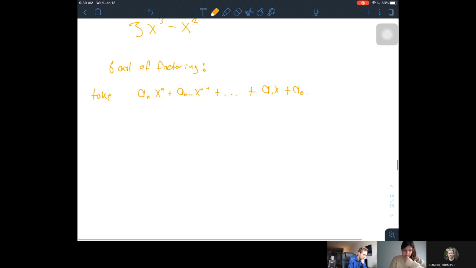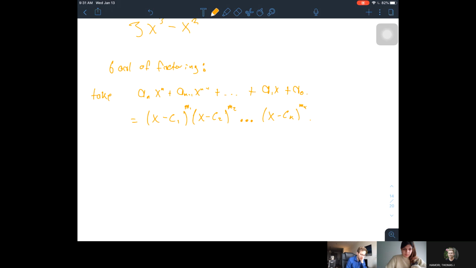We want to take this expression and write it as x minus c1 to the m1 times x minus c2 to the m2, and then dot dot dot, and x minus ck to the mk.